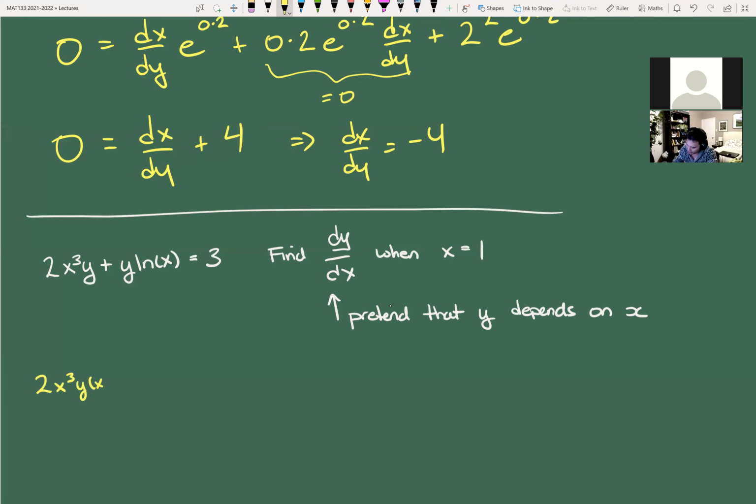Actually, I think explicitly in the video, I actually just put a function here. I say, you know, pretend that y is equal to f of x. And then everywhere you see a y, just put a function in. And now differentiate that with respect to x. Does that make sense?